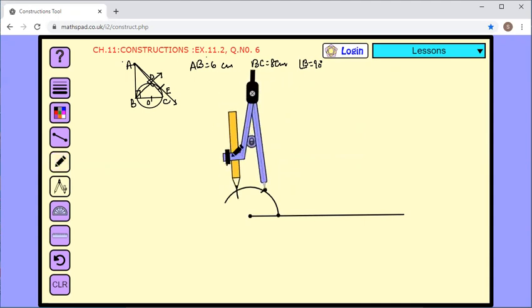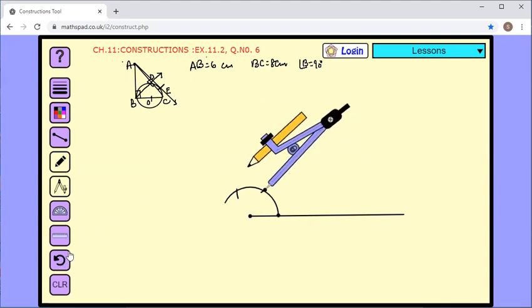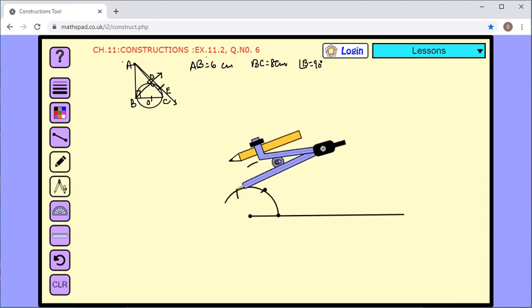And then put one arc from here and the other arc from here.